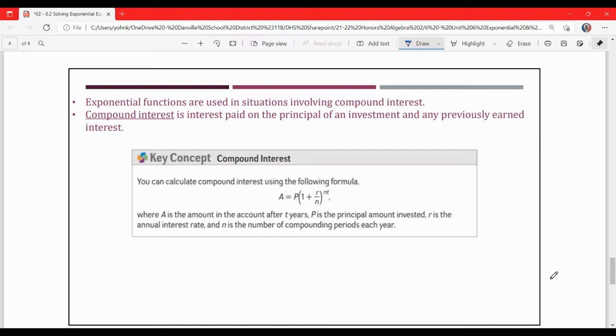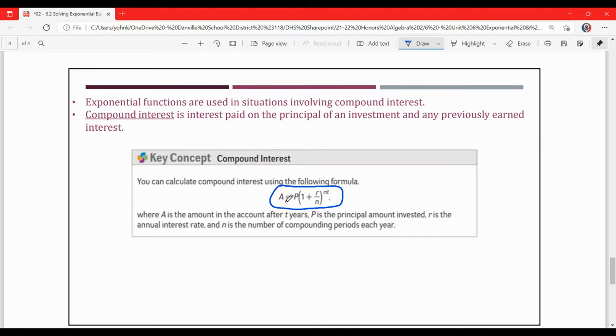Compound interest is when they maybe give you interest once a week or once a month or once a quarter or once a day. So interest is computed a couple of different times a year, depending on how often. So the formula is A equals P times 1 plus r over n to the nt power.